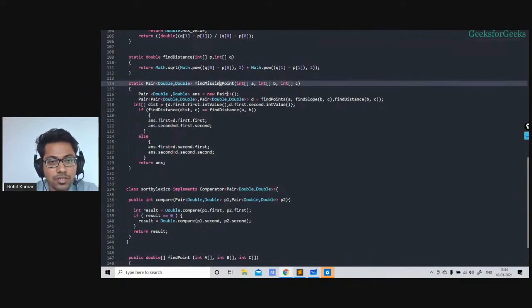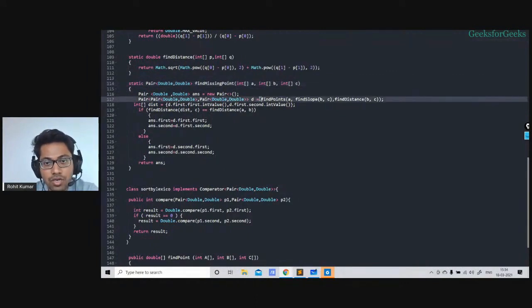And after that, in the function find missing point, I am calling find points. So what this is doing, it's calculating your slope, which was m in our logic, calculating distance, which was l in our logic, and there you have the known point, which is small a over here, and in D you are getting two points. If you look at it over here, you're getting two pairs, which is x1 y1 and x2 y2, just now that I showed in the logic.